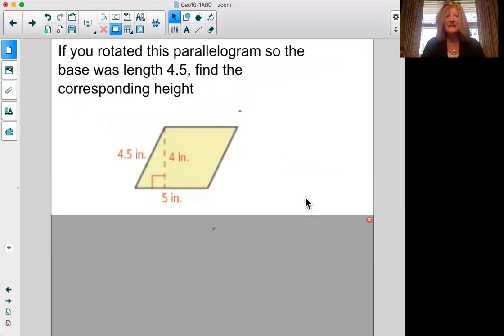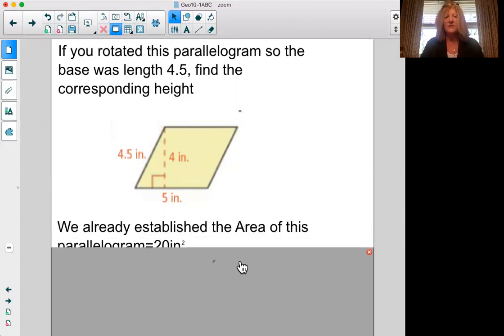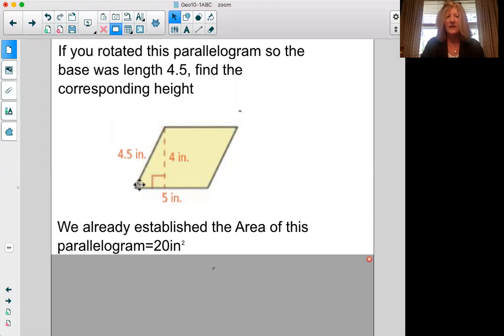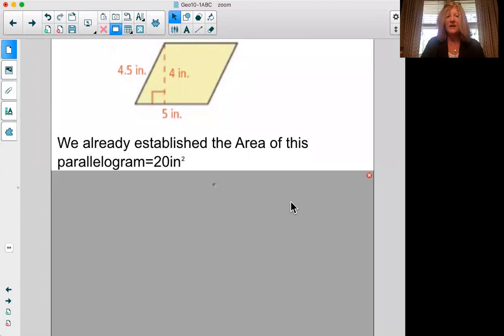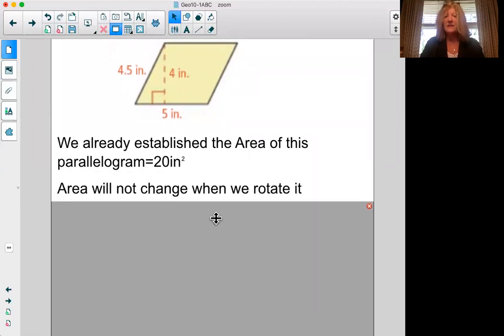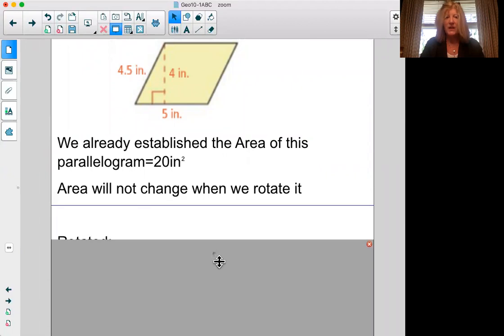Now let's look at that same parallelogram. What if I wanted to rotate it so that this side was my base, so that I could calculate the other height in the other direction? My strategy would be to use the area that I've already calculated, 5 times 4, 20 square inches, and then use that knowledge and the same formula, because the area will not change when I rotate it in space.